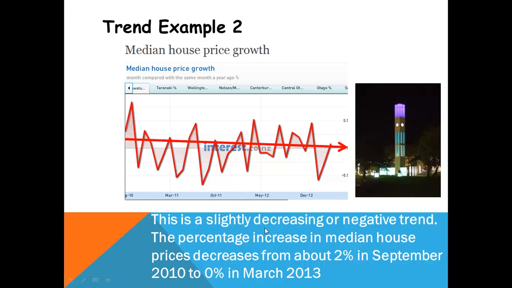The percentage increase in median house prices decreases from about 2% in September to 0% in March 2013. We probably could have said the percentage change rather than percentage increase, but that's actually what the graph's referring to. It's talking about house price growth, but in fact that's not growing at all. So that's the second graph. That kind of precision is required in your answers.